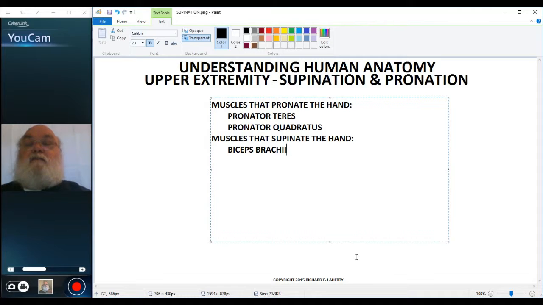It's a strong supinator, and in fact supination is its primary action, its first action. Only after the hand is supinated can the biceps flex the elbow joint.